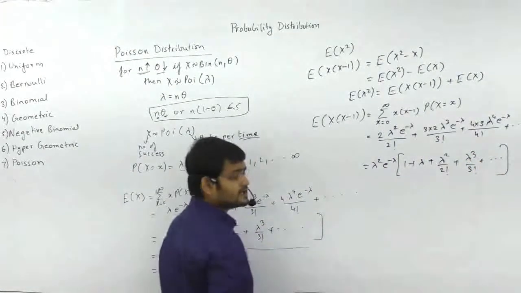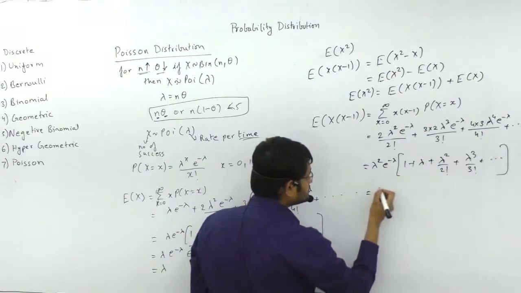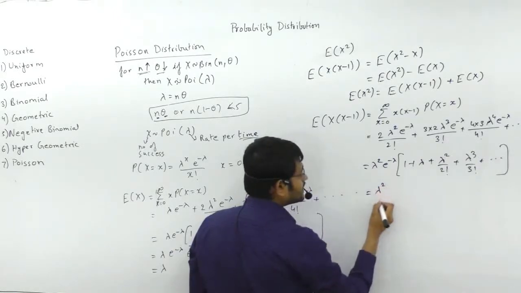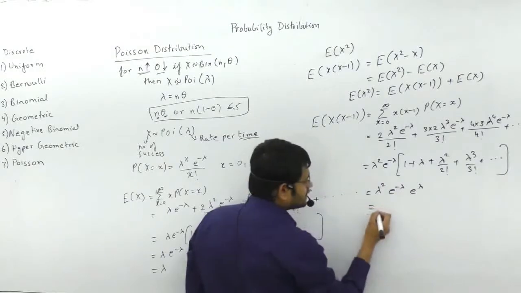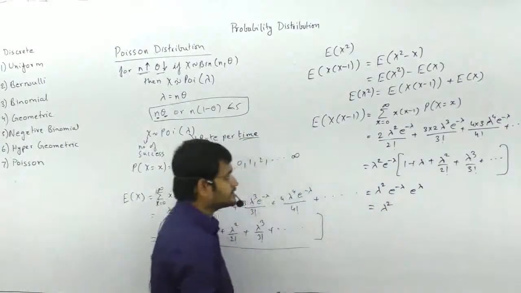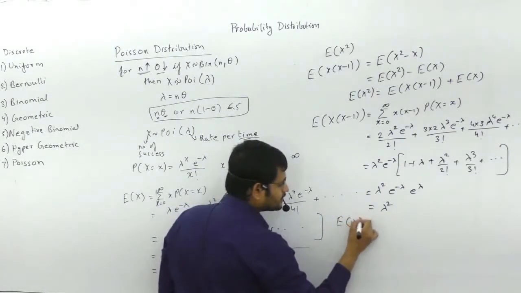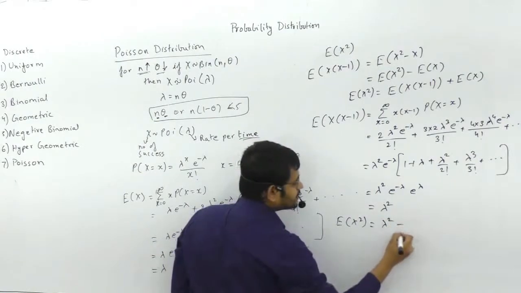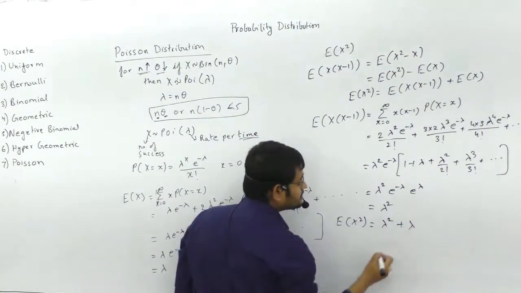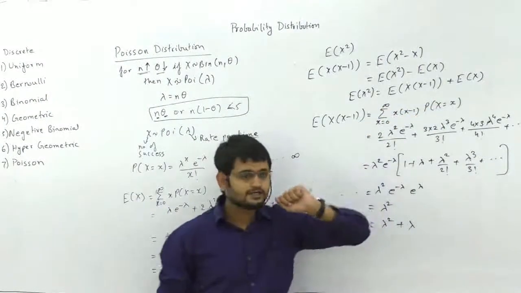This is again the exponential expansion. So we get lambda square e raised to minus lambda e raised to lambda, which is nothing but lambda square. So the expected value of x square is nothing but lambda square plus lambda.